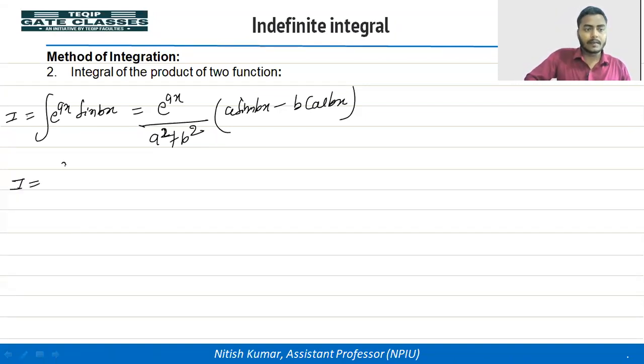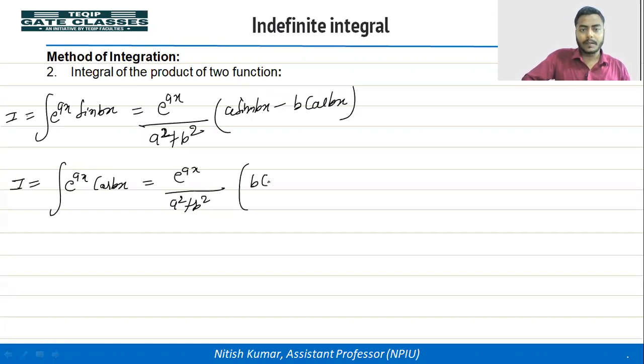And the second, e to the power ax cos bx equals e to the power ax divided by a square plus b square into a cos bx plus b sin bx.